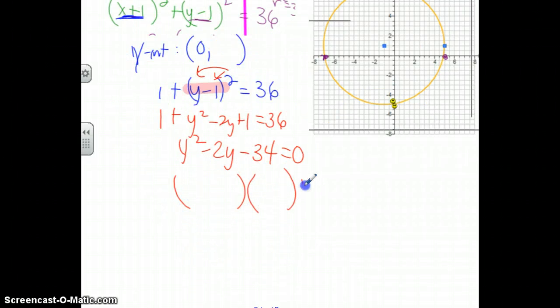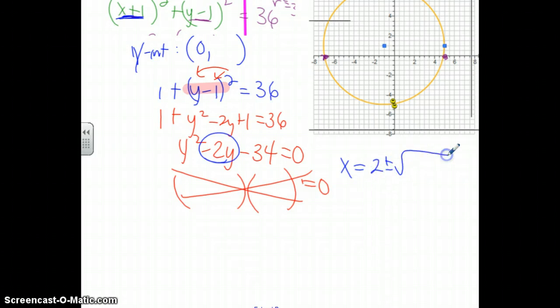And since I can't find factors of 34, I'll probably resort back to the quadratic formula. So y is equal to negative b, the opposite of this, plus or minus the square root of b squared minus 4 times a, which is a 1, and c, which is negative 34, all divided by 2a.